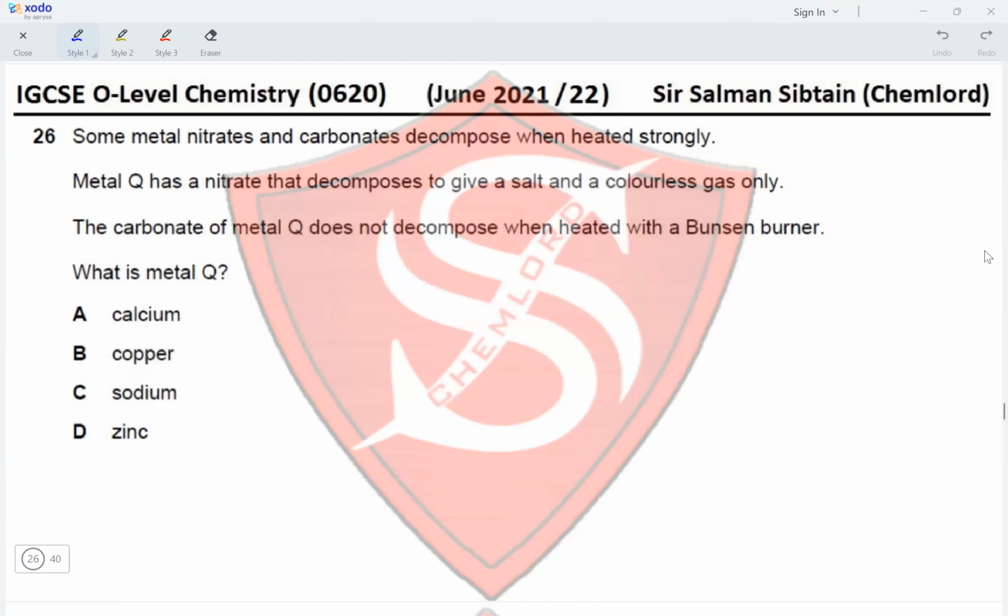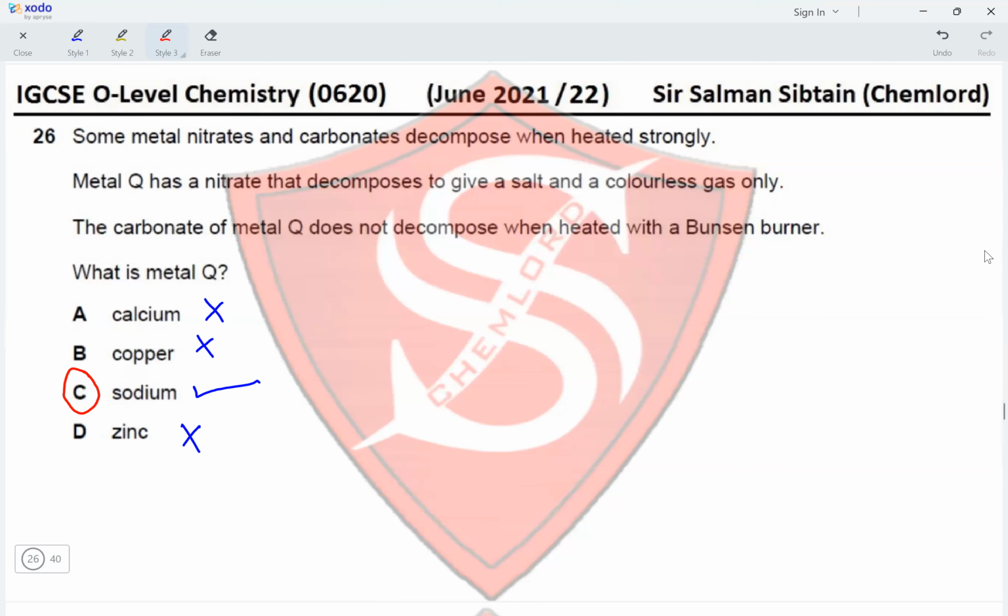So in the case of metal Q, NO2 is not being produced. This is true for nitrates of group 1 metals. So calcium, copper, and zinc are not group 1 metals. They can be eliminated. The correct option for this question is option C because NO2 gas is not produced.